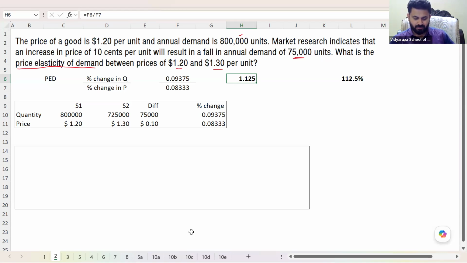Which one will you describe as inelastic in nature, as per your understanding, as per your logic?